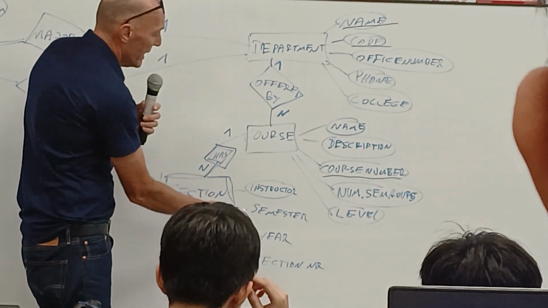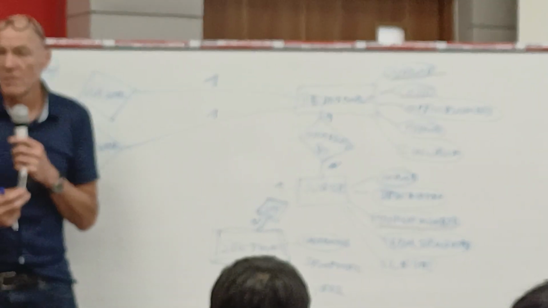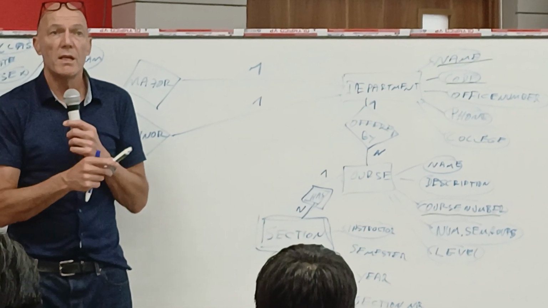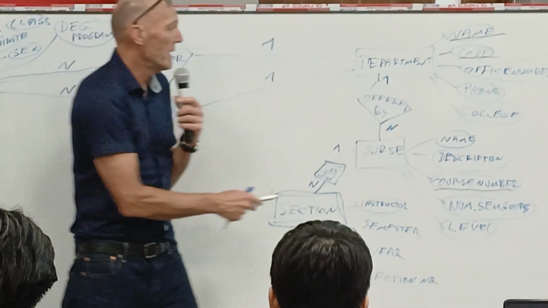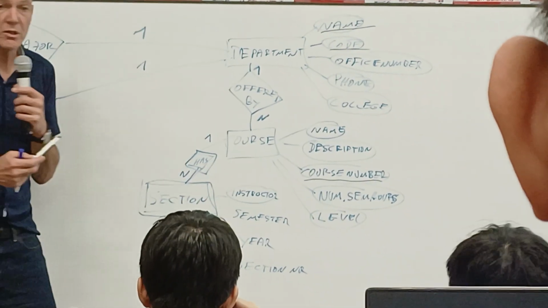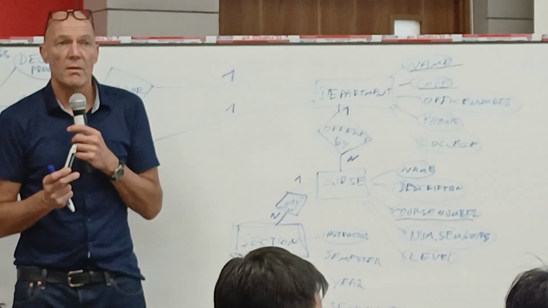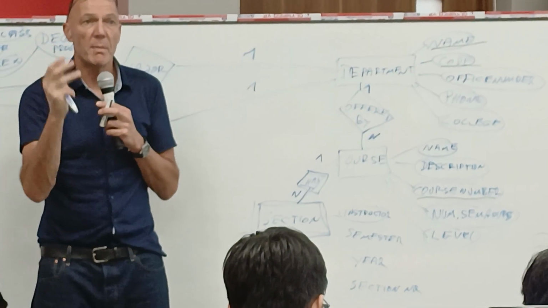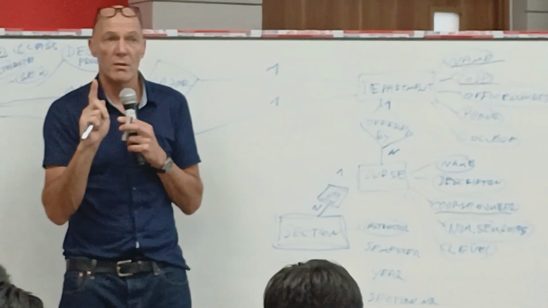If I would put a dashed line here, here, and here, what would be the meaning? Each one of them uniquely is a partial key and can, in combination with that thing, identify a section. But that is not correct. We said we need to know the course number, the section, the semester, and the year. We need to know all three, not only one.